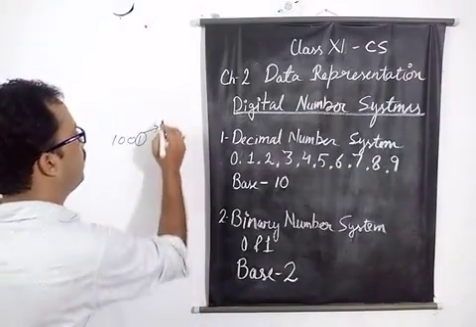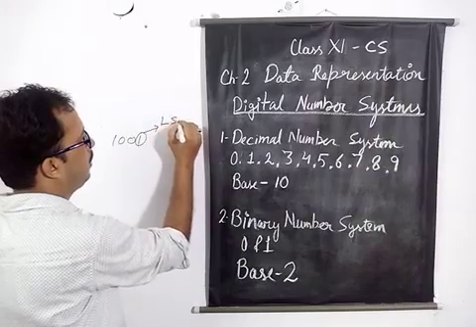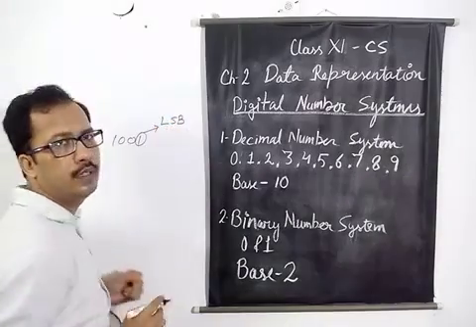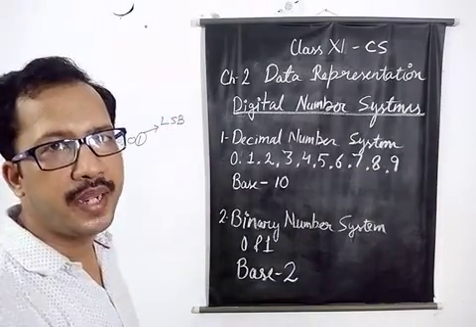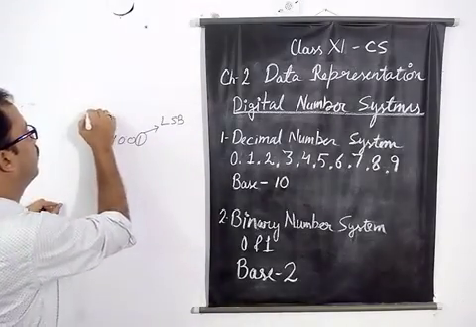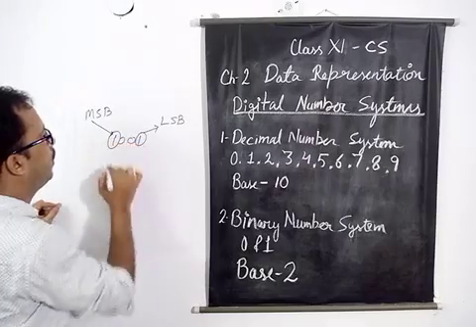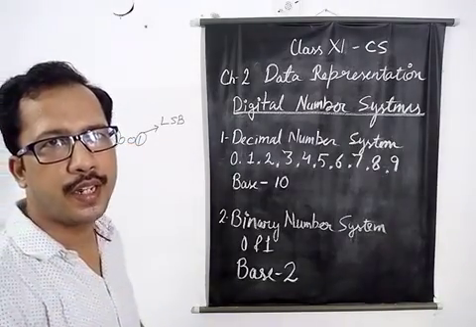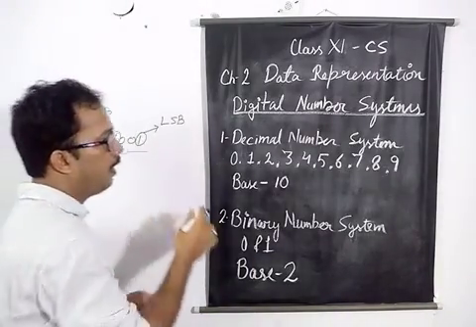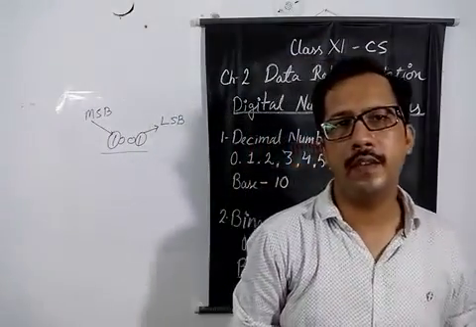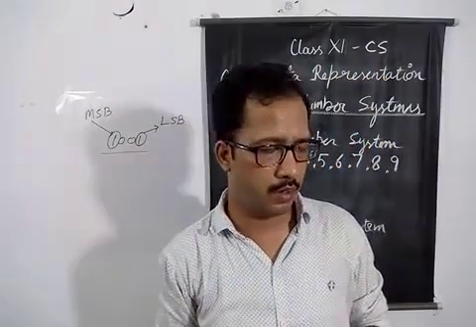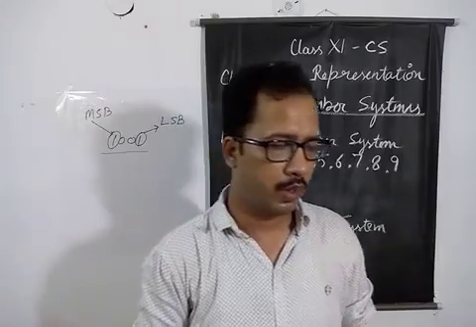So it is LSB, least significant bit, and MSB, this one is the most significant bit. The expansion in the base form I will tell you later, in tomorrow's video.